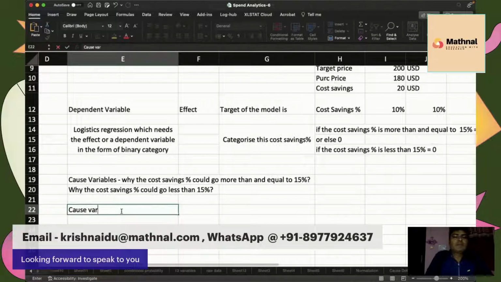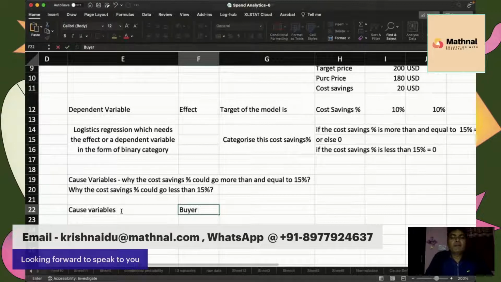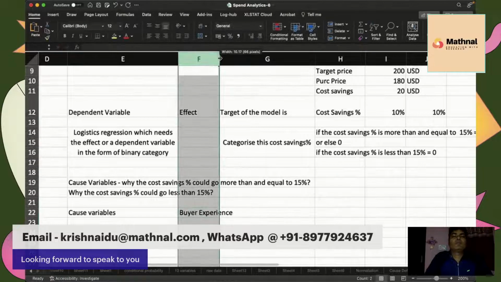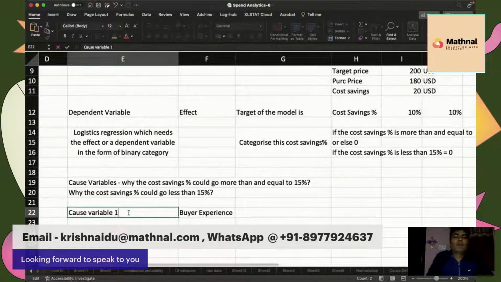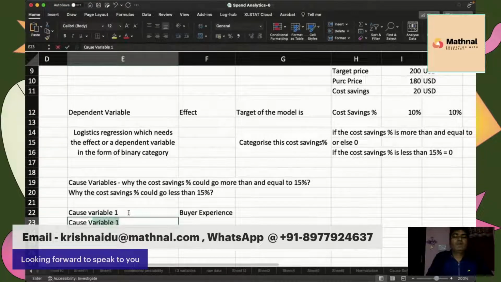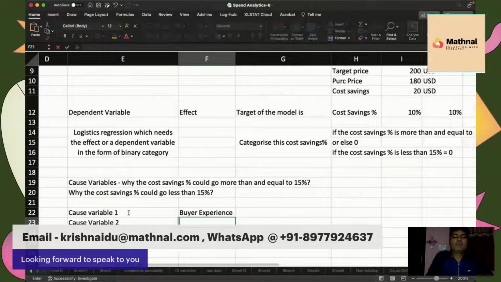So for the cost variables, let's say cost variable 1 is the buyer experience. Cost variable 2 is the supplier's daily production capacity.